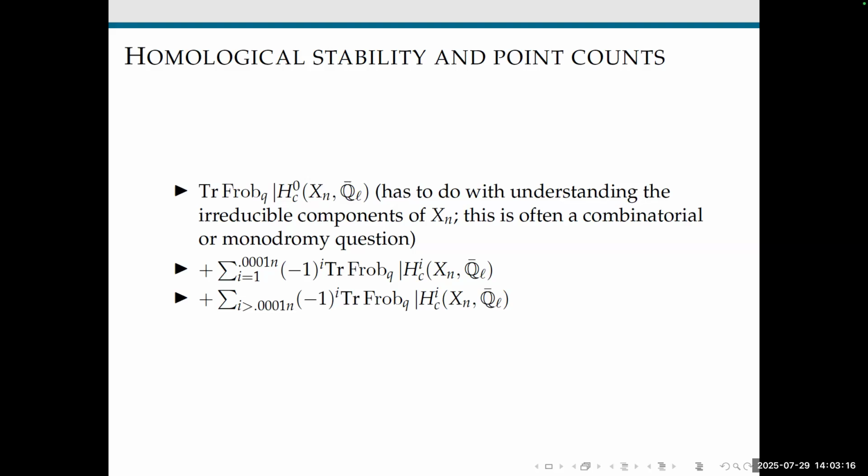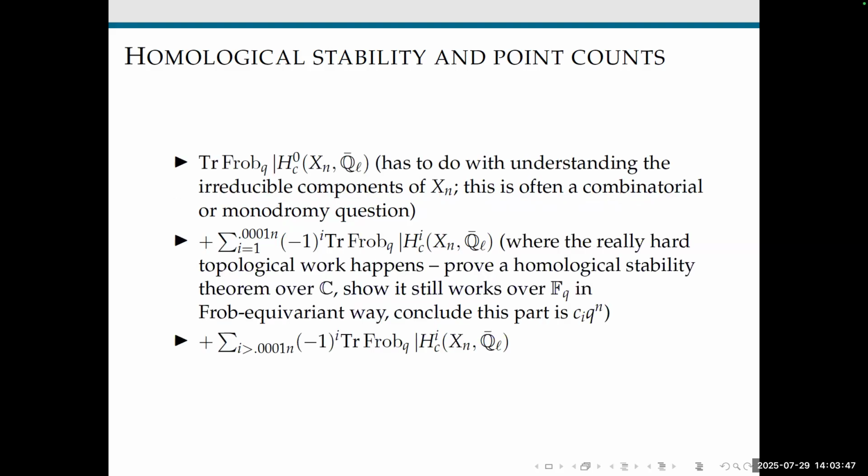It's often something you can prove by studying some monodromy group. Maybe I didn't put a slide of this, but to give you an impression, if I have some base space and I have a cover of it, and you want to know if the covering space is irreducible, that's a question about the monodromy of the cover, right? It's a question of whether it's a transitive subgroup of the permutations of the sheets. So you should think about big monodromy as saying that H naught is small, and we know that big monodromy theorems are a kind of theorem that you will prove a lot, and that's sort of what goes into understanding the H naught. Okay, that seems kind of reasonable.